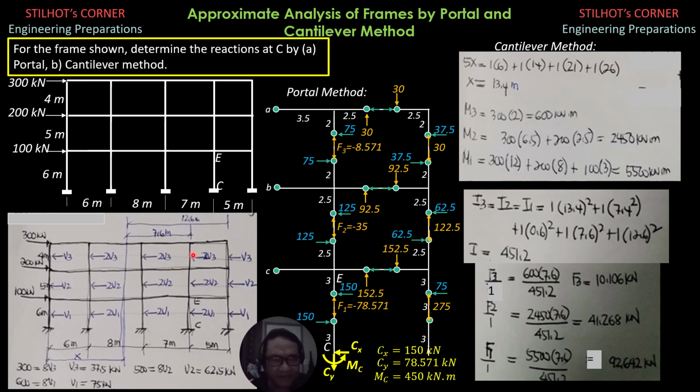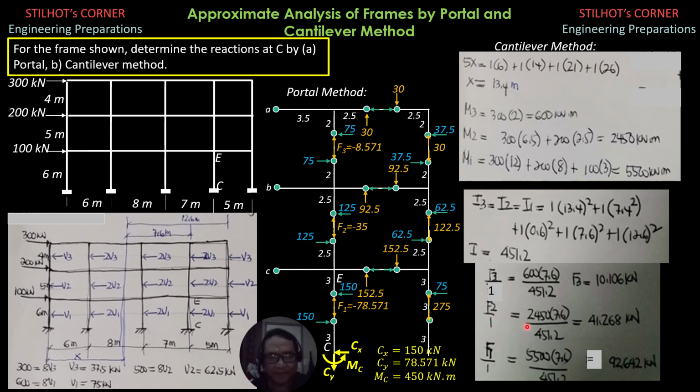F3 over area, which is 1, that's the stress, equals moment at level 3, which is 600. Then the distance of this column section from the neutral axis is 7.6, divided by the moment of inertia we already computed. So F3 is 10.106 kilonewtons.